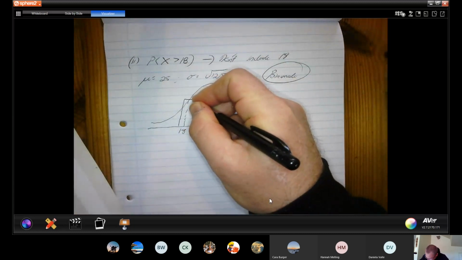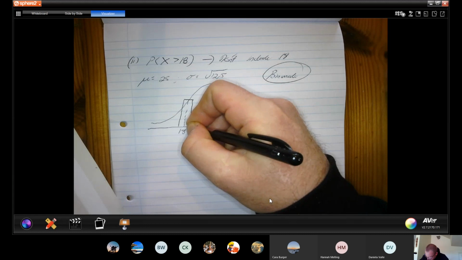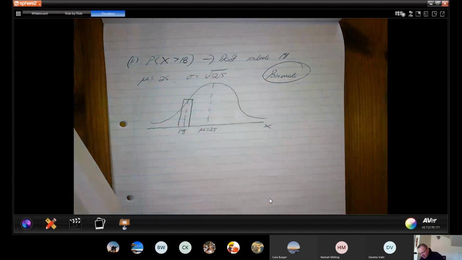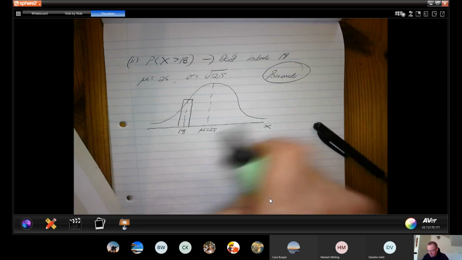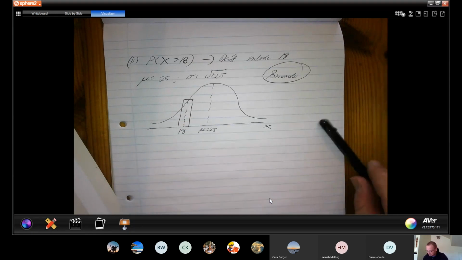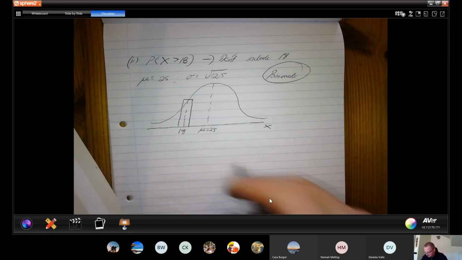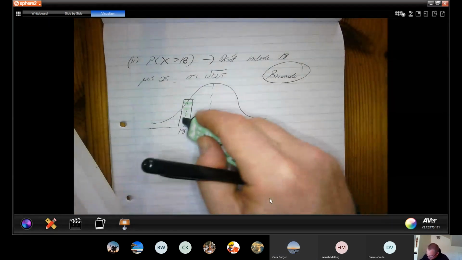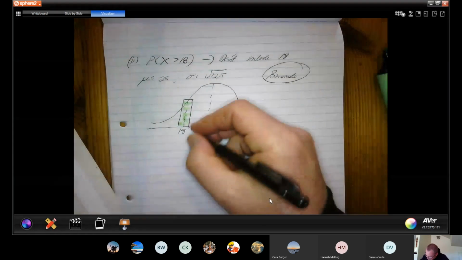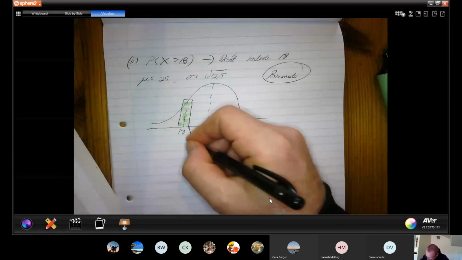Now we want to know the probability that x is bigger than 18. So, Kara, do I want the 18 bar in this or not? No. So I'm going to go to the right of the bar. So I don't want this little green patch here.